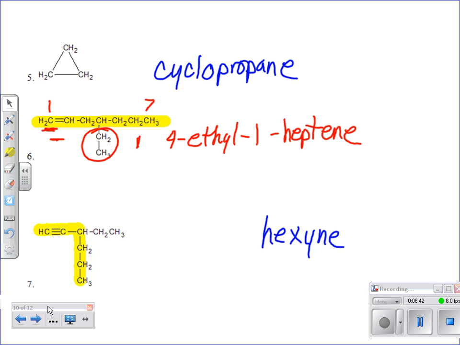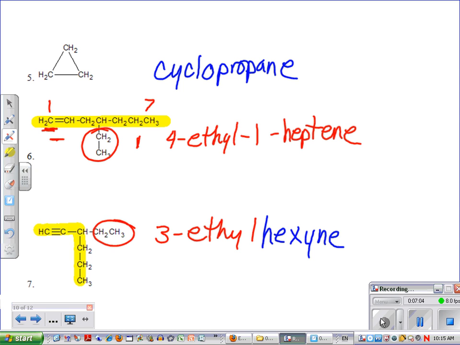And we still have these guys to take care of, which means it's coming off of our 3rd carbon. What are you going to name that? It's 2 carbons. Ethyl. So a 3-ethyl hexyne. Okay, I was corrected.